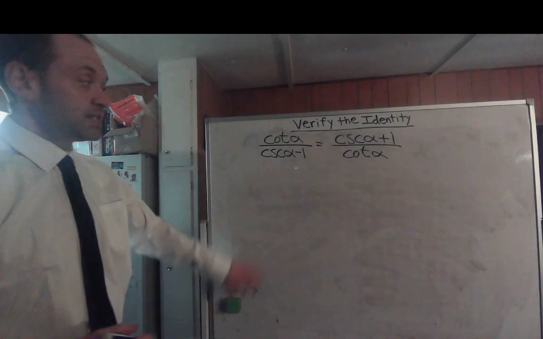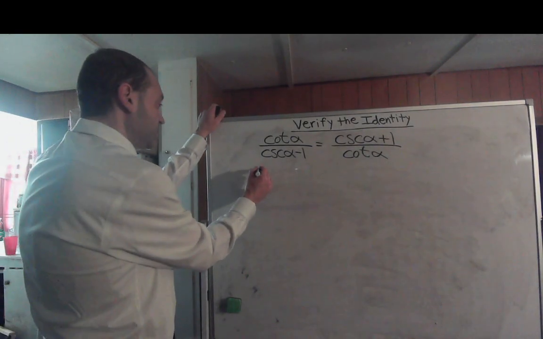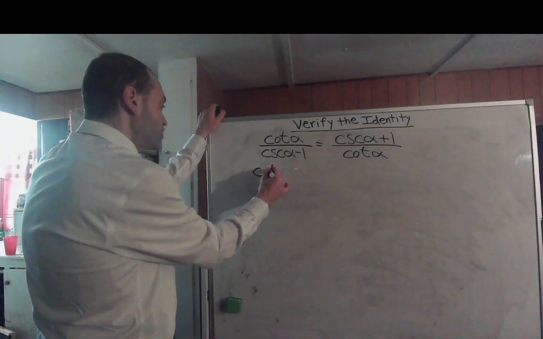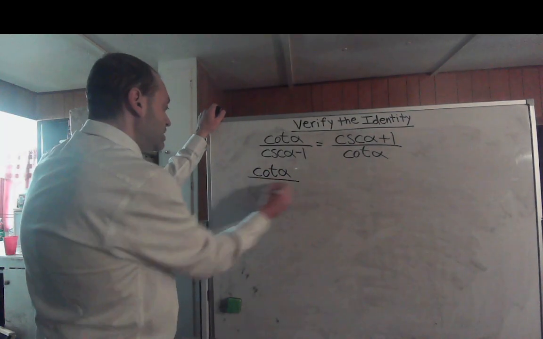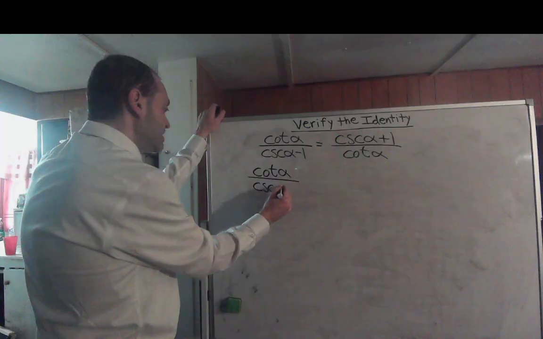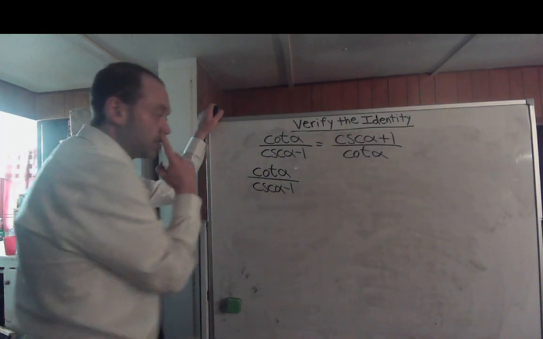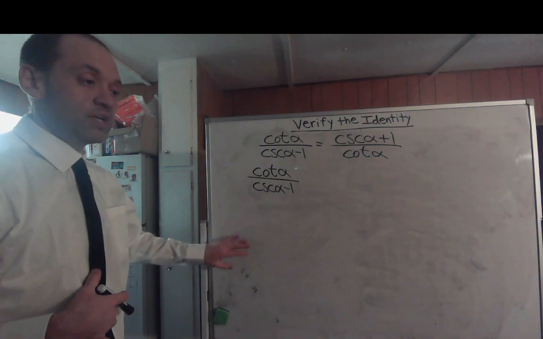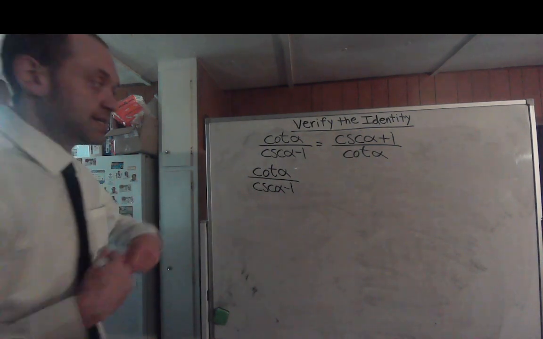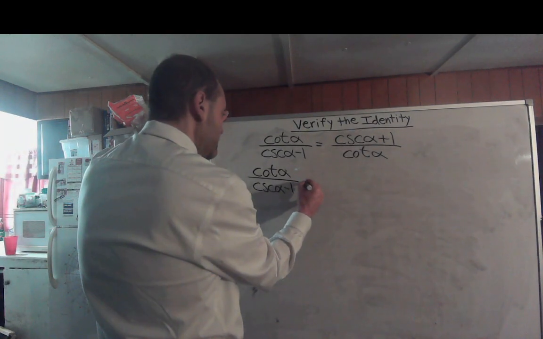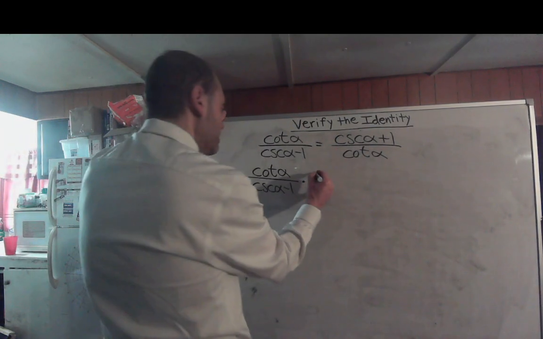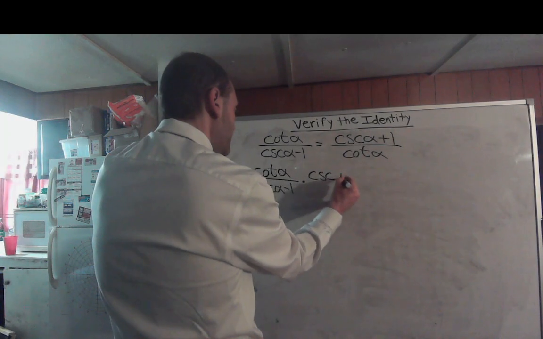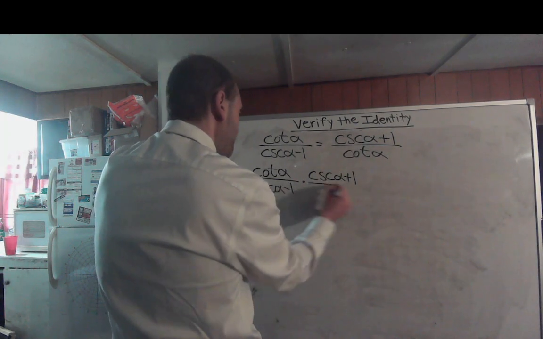So let's write out the left-hand side again. This would end up being the cotangent of alpha all over the cosecant of alpha minus 1. Well, we actually shouldn't need any reciprocal identities. All we should need to do is rationalize the denominator. So take both numerator and denominator times the cosecant of alpha plus 1.